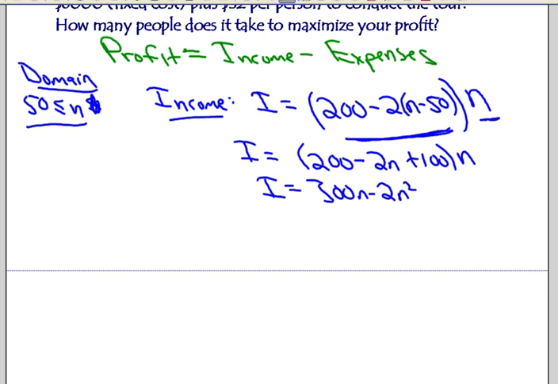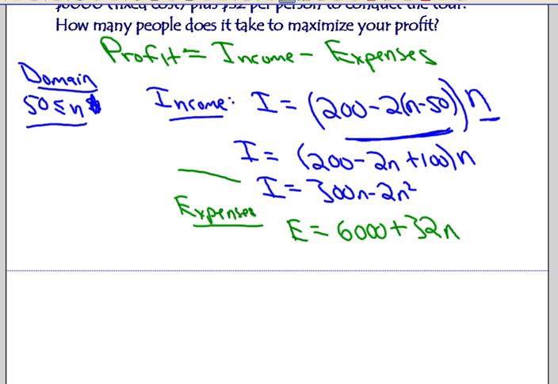All right. How about the expenses? Well, one expense is the fixed cost, so my expense is $6,000. And then my other expense is $32 per person, so it's 32 times the number of people.